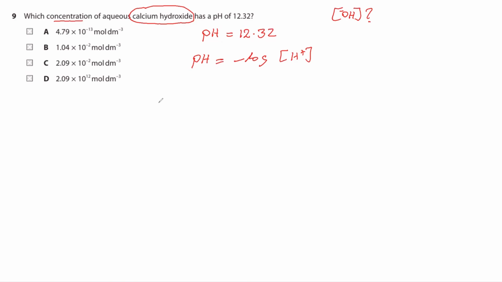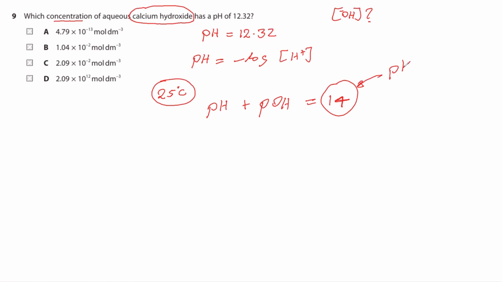There's an equation at 25 degrees Celsius. If they haven't given you a temperature, it is 25 degrees Celsius. Remember that one in your exam. At 25 degrees Celsius, they found this equation: pH plus pOH is equal to 14. Actually, this 14 comes from pKW.